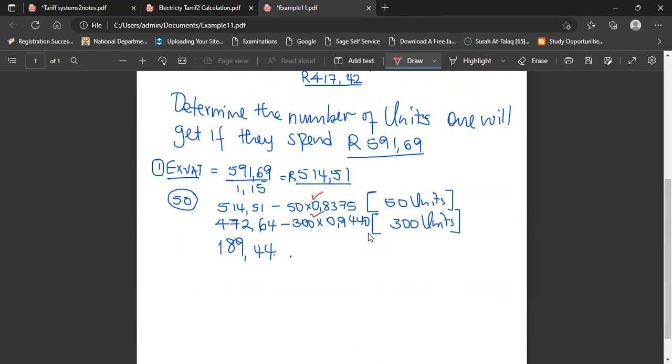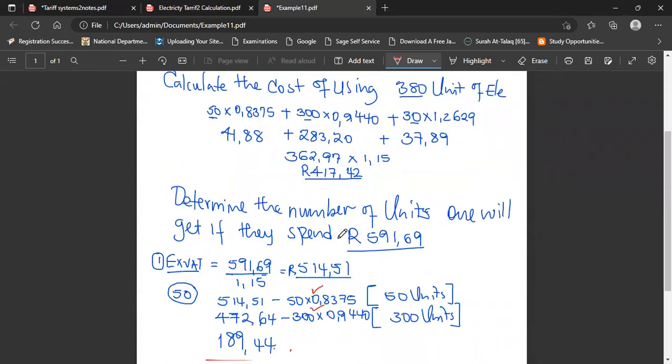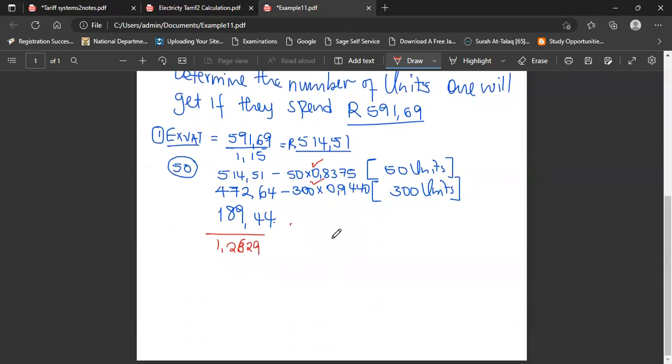So I need to divide this by 1,2629. When I divide my answer 189,44 by 1,2629, I end up having 150,00.